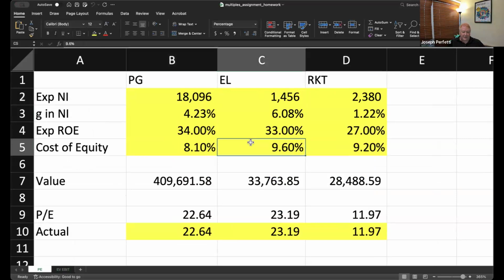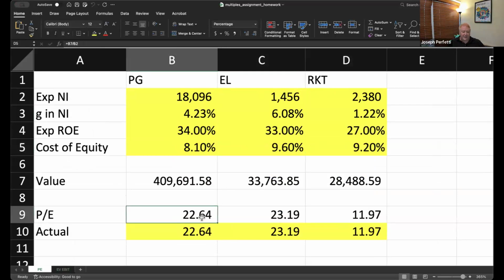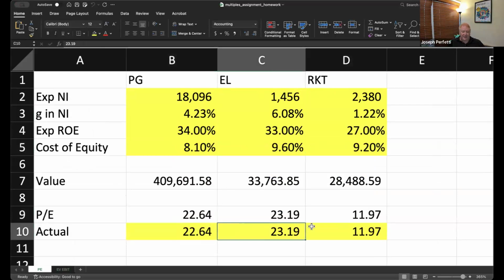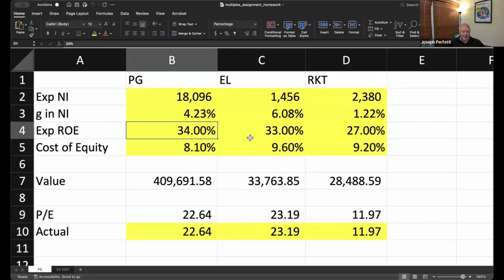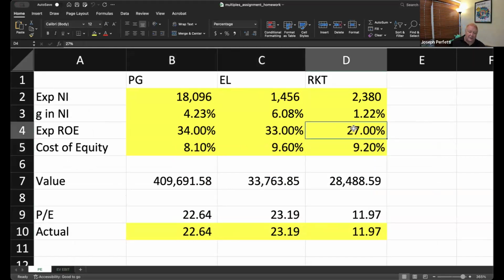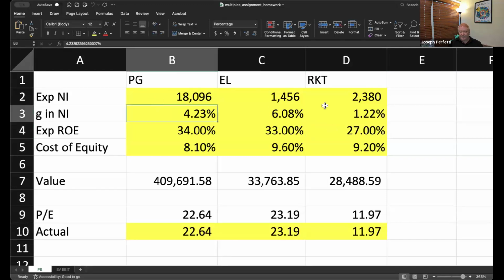This was the cost of equity for each firm based on the wax screenshots. This was the second year forward PE for each of the 3 companies. And looking at the 4-year ROEs, your numbers might be plus or minus 1 or 2% of this, but I came up with a long-term ROE of 34, 33, and 27 for the 3 companies respectively, given the data. And then solve for the G's.